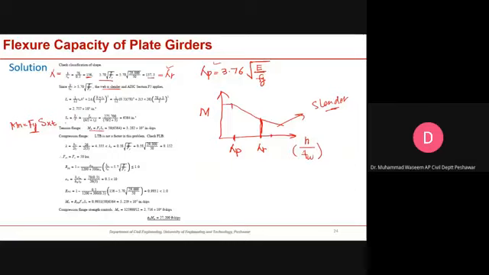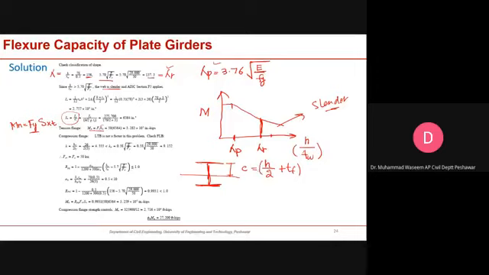Now you have to use this equation. So you need S, and S is I by C. Now you need I and you need C. C will be h by 2, which is half the depth of the web, plus the flange thickness tf.